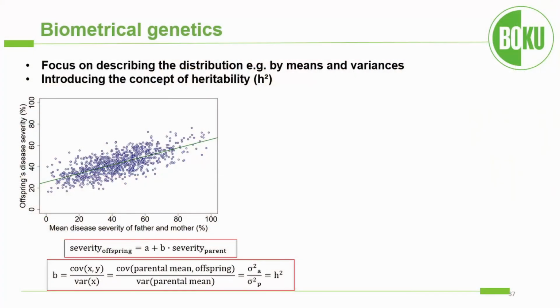This heritability is a measurement which can be used to predict, if we cross parent A and parent B, will the progeny be more resistant or more susceptible? Based on the heritability, we would assume that if we cross two more resistant parents, then the progeny would also be more resistant, which is kind of logical, I guess.